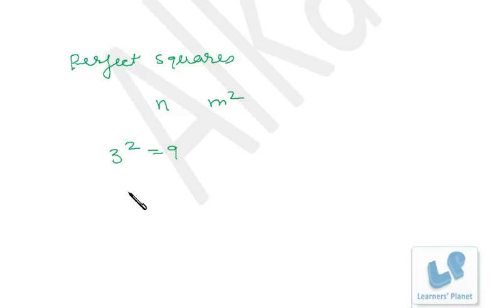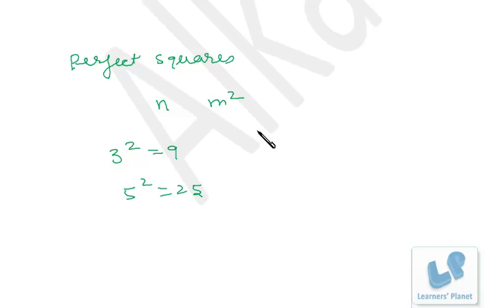Now the next term is perfect squares. Now what's a perfect square? Suppose we have any natural number, maybe n, right? And the square of that will be m square, which will be some other natural number. As we have 3, the square of 3 is 9. The square of 5 is 25.